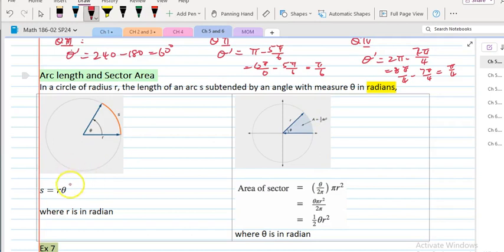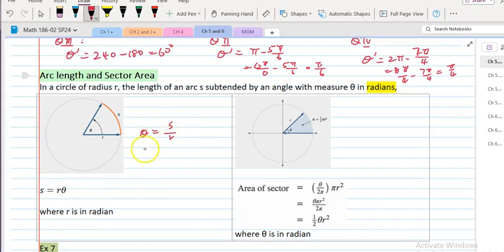So the formula that we use is S, the arc length, equals R theta. This formula is very easily defined because S is the arc length, and theta in radian is defined as S over R. That means how many radii this arc length is.